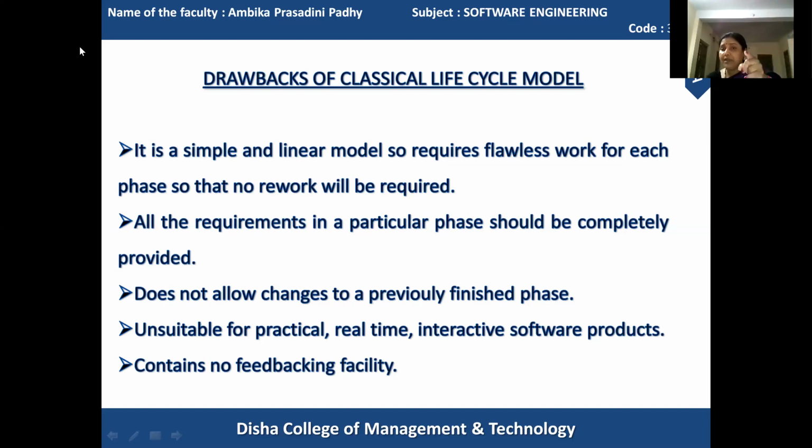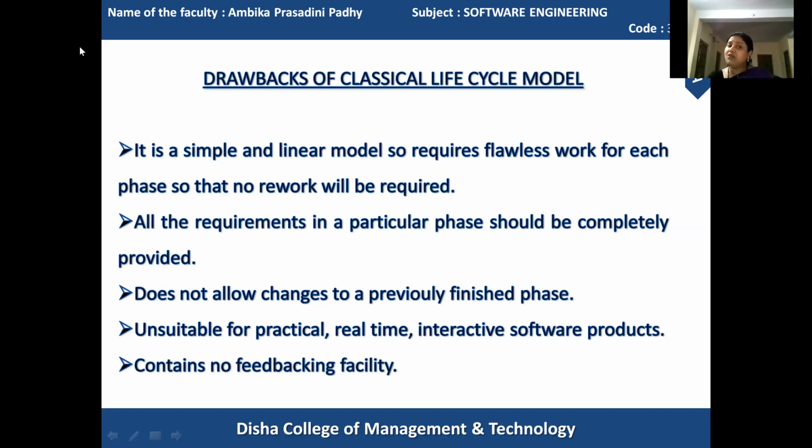And all this information must be added while the phase is being developed. We should not leave any chance of missing requirements while developing a particular phase. The work must be completed perfectly when a phase is over.